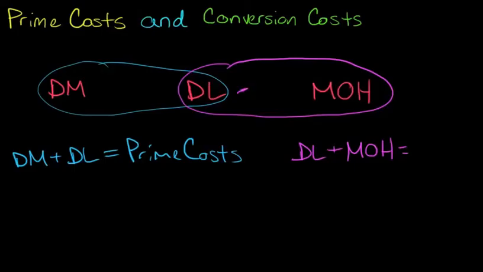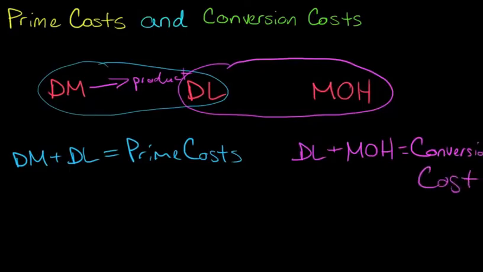We're taking labor and utilities and these other things and actually converting the materials to a finished product. So what do we call it? Well, we just call it conversion costs. This is really just a different way of putting these manufacturing costs into different buckets based on how the costs operate and behave.